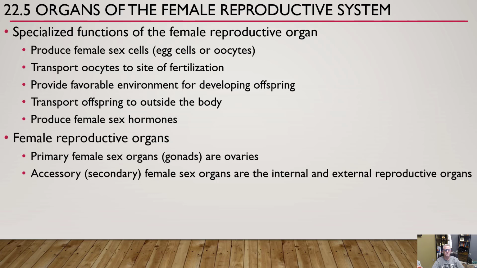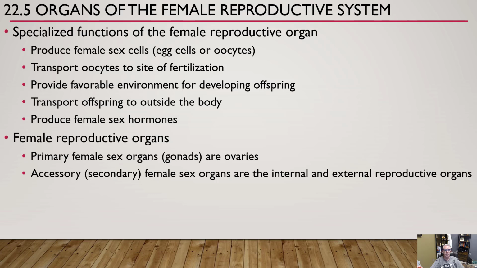The sex organs of the female are going to transport the egg cells or the oocytes to the site of fertilization. The uterus has a favorable environment for development of offspring, and it transports that offspring to the outside of the body. That sounds very clinical. Can't we just say pregnancy and delivery? It also produces sex hormones as well.